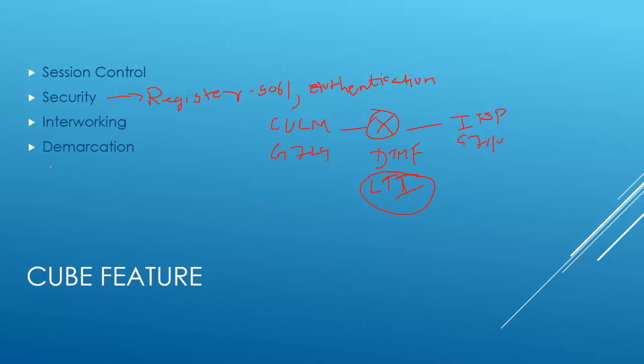And then the CUBE provides a demarcation. That's a very important thing, right? So, for example, if this is your CUBE and you do not want to show your IP address to the service provider or to the external world, you can hide your address. That's called address hiding. The other thing that you could do is, let's say you do not want to send any response to an attacker that's sending you more requests every time.